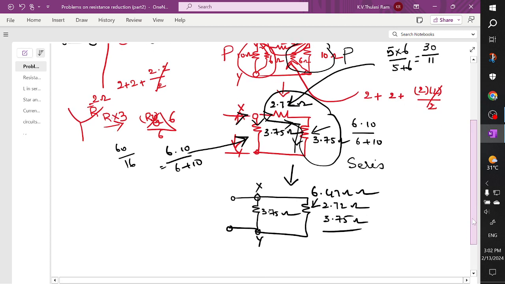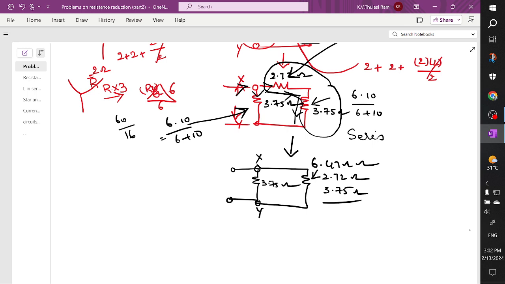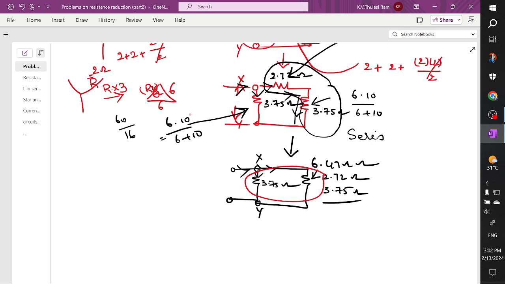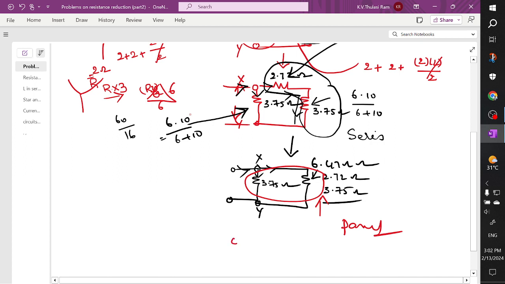And again here you can see the current is entering and the current is dividing. I can say these two branches are once again connected in which connection? Parallel connection. These two are in parallel here. So we are going to get the resultant like this, connected between x and y. What is the formula for parallel?